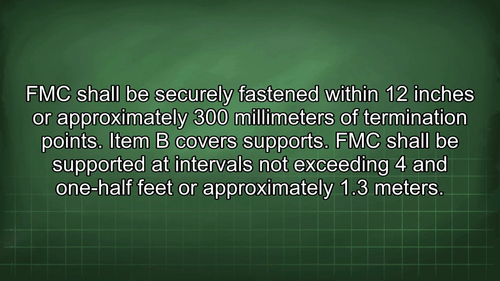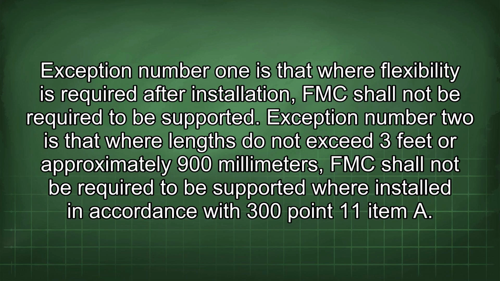FMC shall be securely fastened within 12 inches or approximately 300 mm of termination points. Item B covers supports. FMC shall be supported at intervals not exceeding 4.5 feet or approximately 1.3 meters. Exception number 1 is that where flexibility is required after installation, FMC shall not be required to be supported.